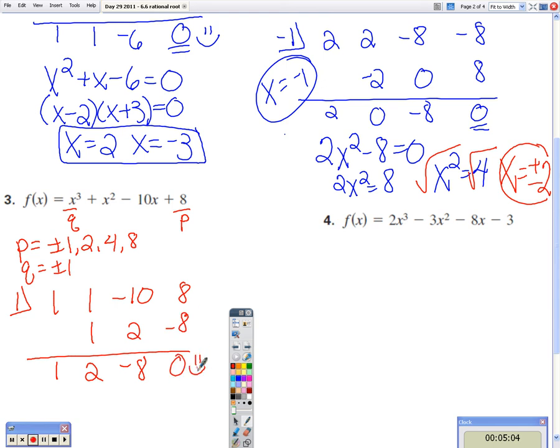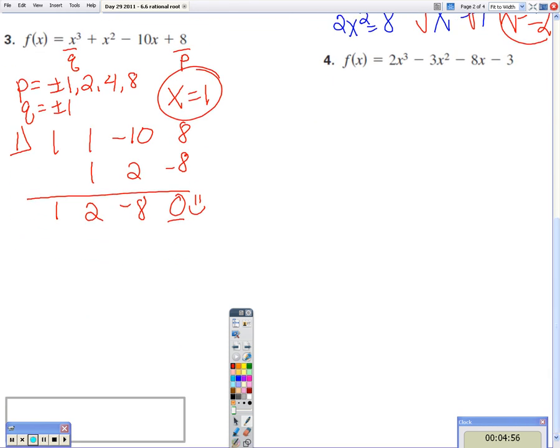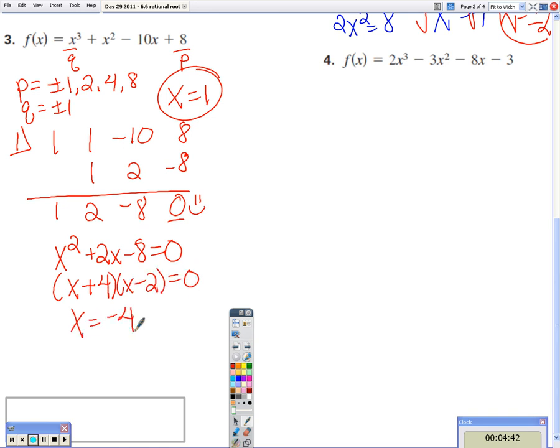And that's great. We get a remainder of 0. So my first rational zero is x equals 1. And now I need to factor the remaining equation. So x equals negative 4 and 2.